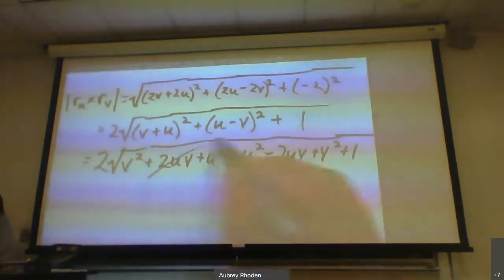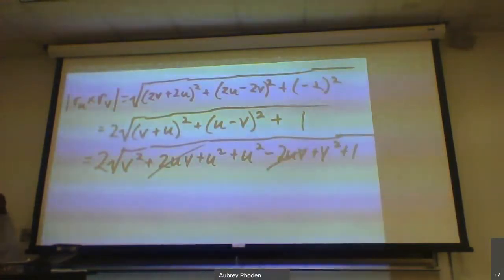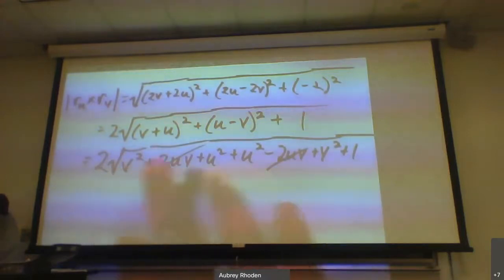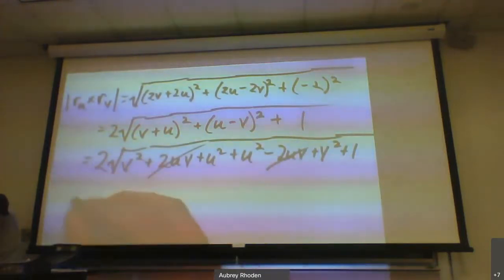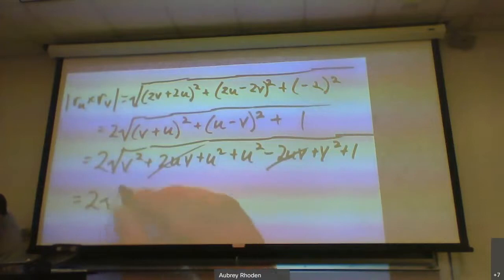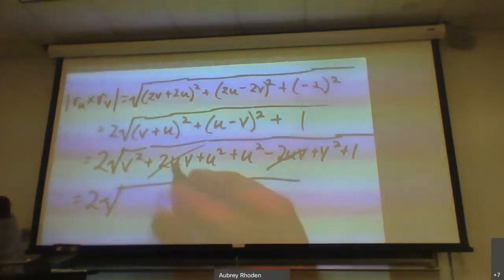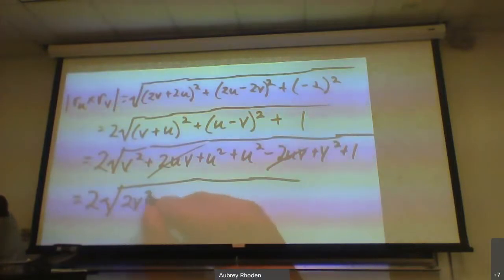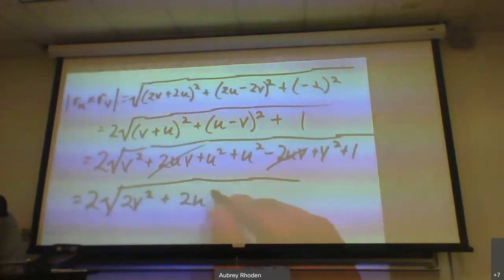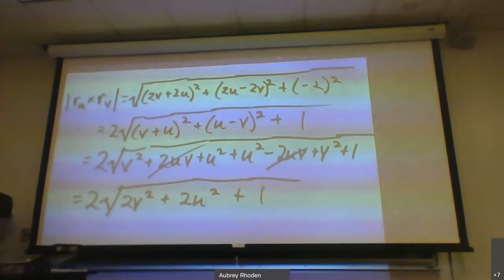Okay, we can do a little bit of cancellation right there. I can combine this guy and this guy and this guy and this guy. And so that's going to equal 2 times the square root of 2V squared plus 2U squared plus 1.